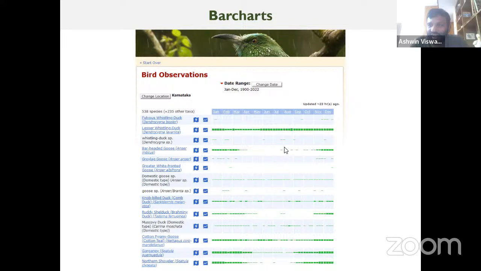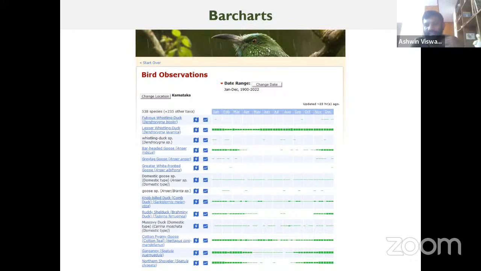Yeah. So the height of the bar, or the width of the bar, whichever one you want to call it, tells you how often it has been reported. If the bar is very large or very wide, that means that it's a very common bird. If the bar is a little more constricted, that means it's a less common bird.